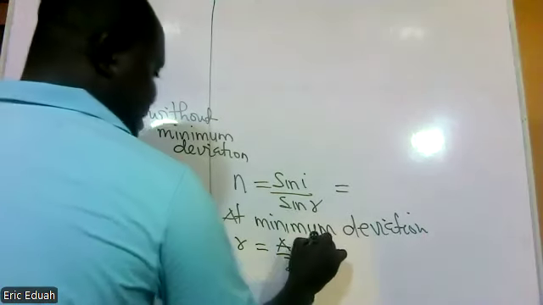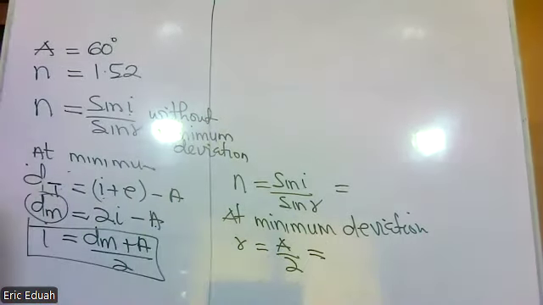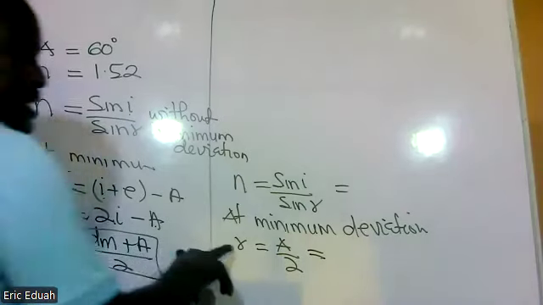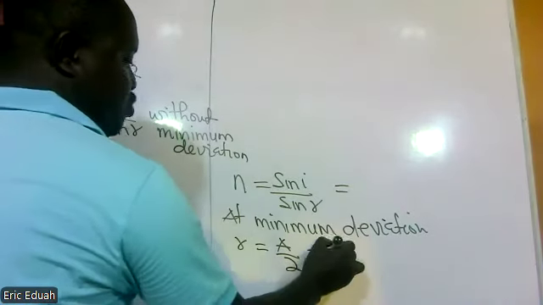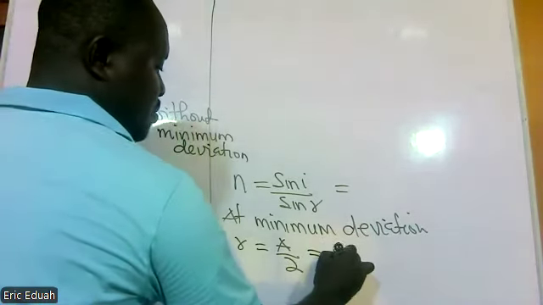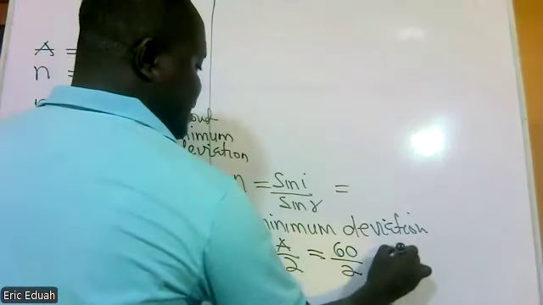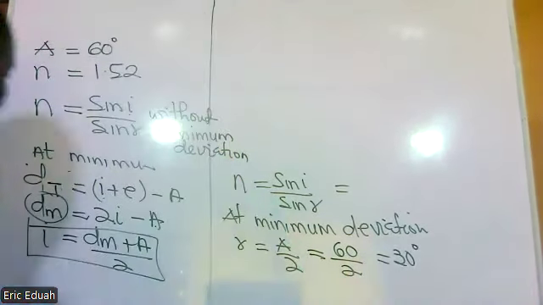So if A is 60, then we can easily determine R. R will be 60 on 2, which is 30 degrees.